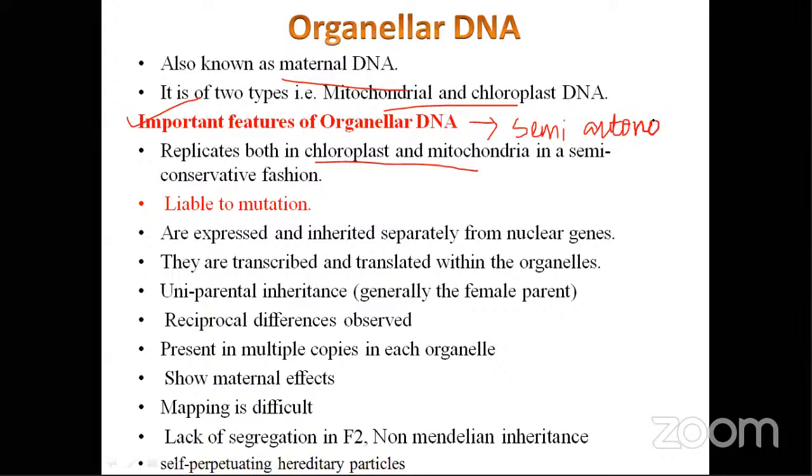Autonomy means whether they can survive on their own, without depending on the nuclear genome. But they are not completely autonomous. They have to depend on the nuclear genome for some proteins, but they can produce some of the proteins necessary for their survival, and because of that they are called semi-autonomous.